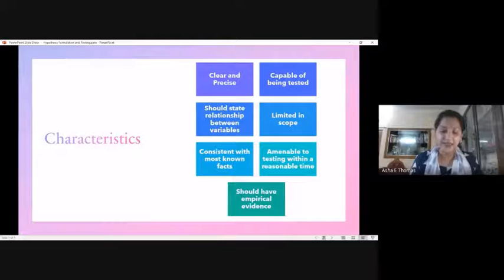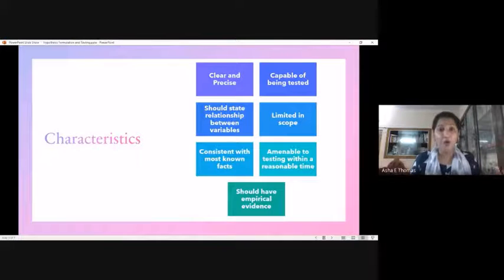Suppose I want to study the relationship between employee motivation and the remuneration package, or the relationship between the bonus, the monetary benefits within a company, and employee motivation.